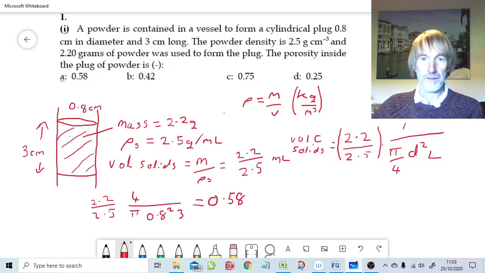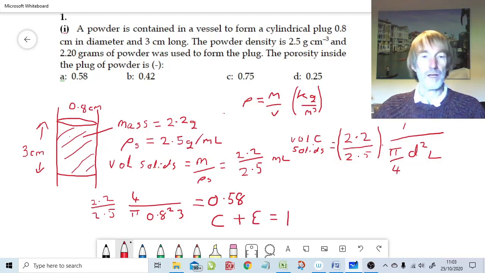0.58. That's the solids concentration, and basically the solids concentration, the amount of solids that's present in the bed, plus the amount of voids in the bed, otherwise known as the voidage, and also the porosity, sums up to 1, to unity.